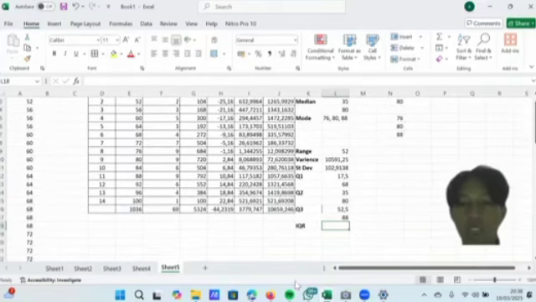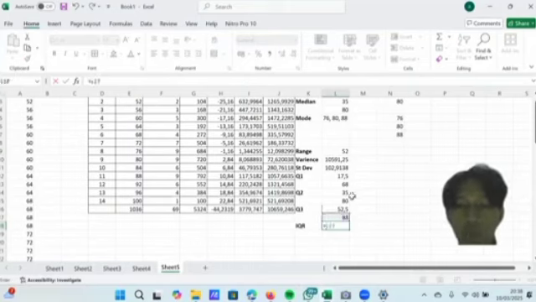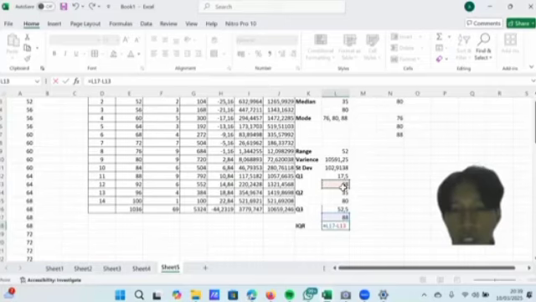And for the interquartile range, we need to subtract quartile 1 from quartile 3, and enter.